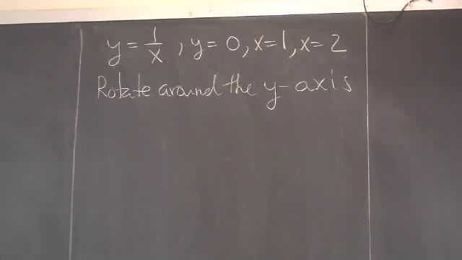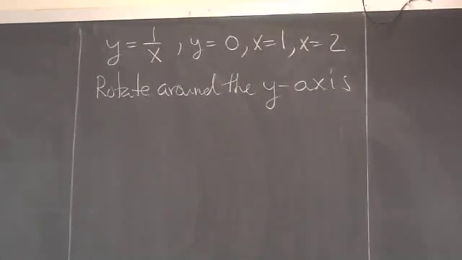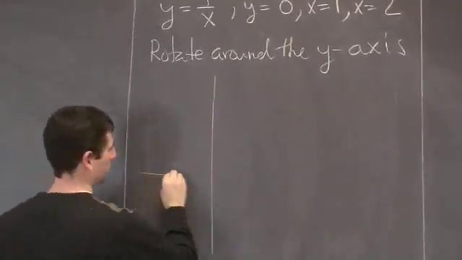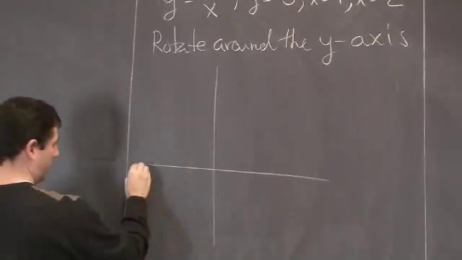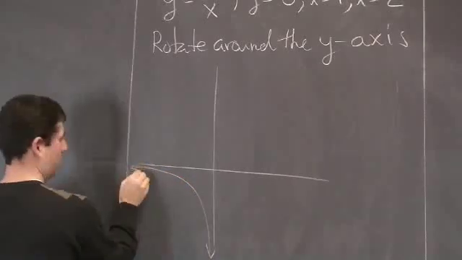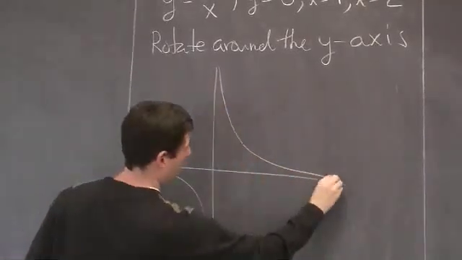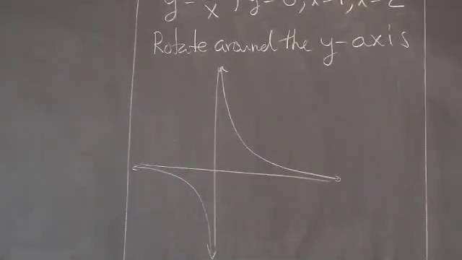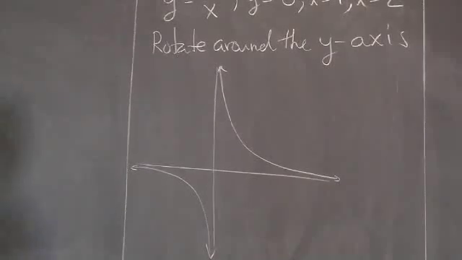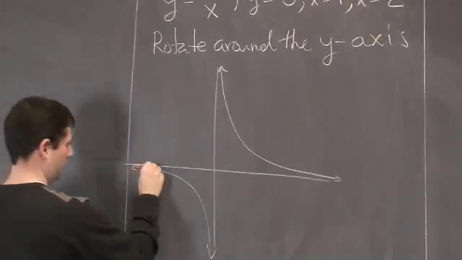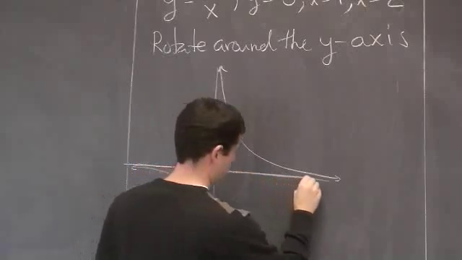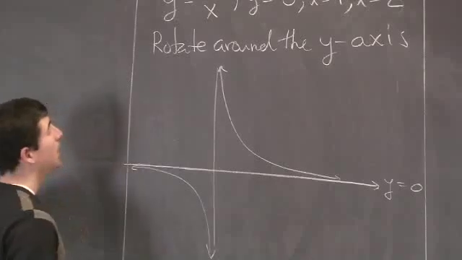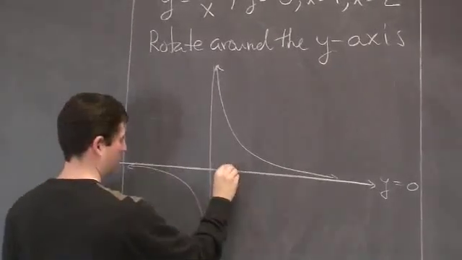Okay, step 1. Graph it. So 1 over x looks like so. It's a nice hyperbola. And y equals 0, that's this nice guy here. And x equals 1, put that about here.